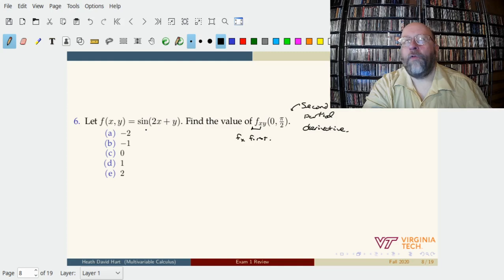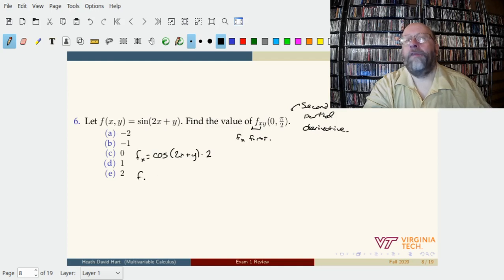So we're going to take the derivative of this function with respect to x. And that derivative of sine of 2x plus y is cosine of 2x plus y times the derivative of what's inside the parentheses with respect to x, which is 2, because that's the derivative in the x direction.